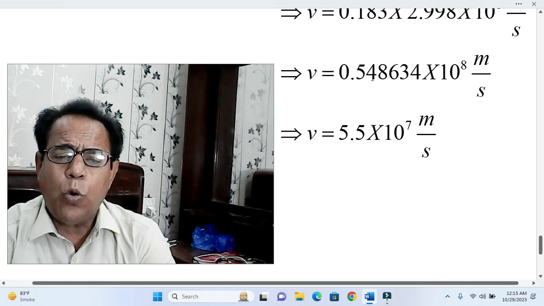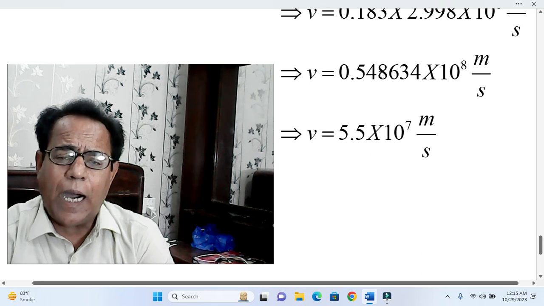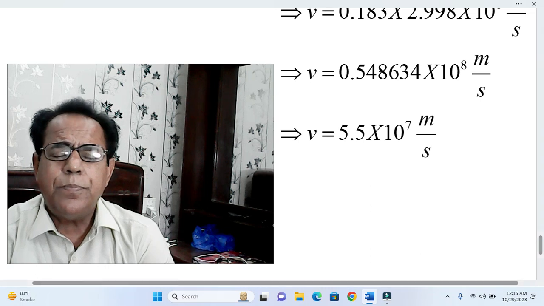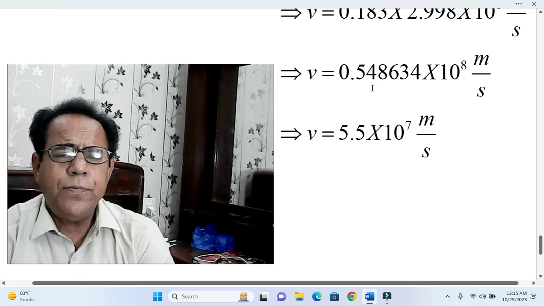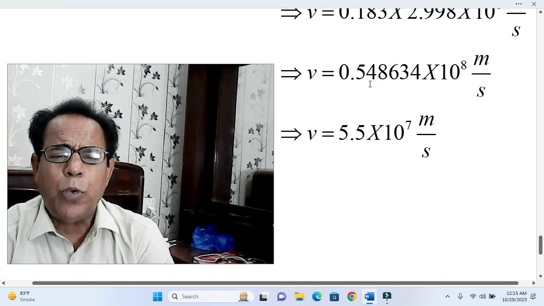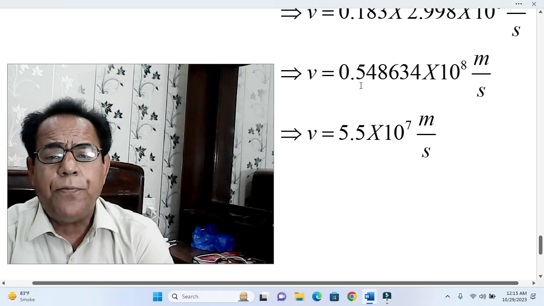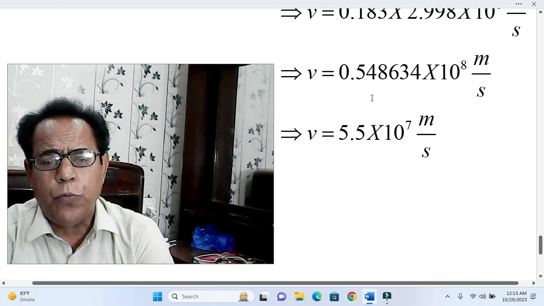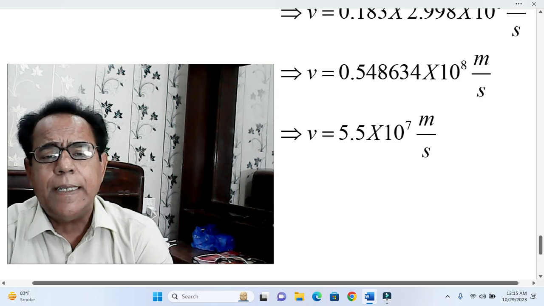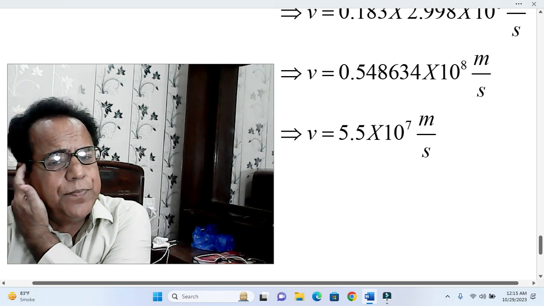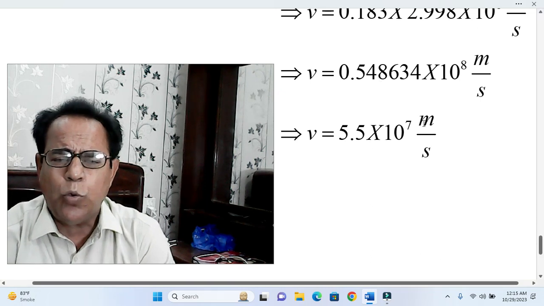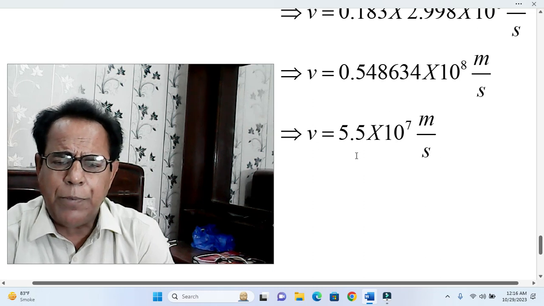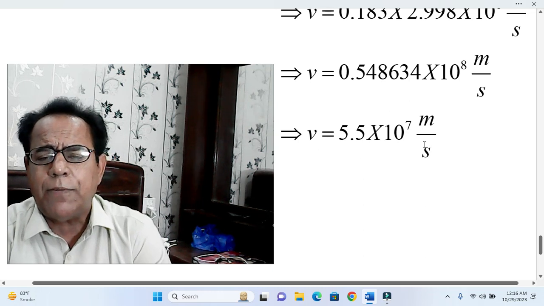And moreover, because the digit subsequent to the 4 is 8, which is greater than half, that is 5, we will convert this 4 into 5, giving 5.5. So v has finally become equal to 5.5 into 10 raised to the power 7 meter per second.